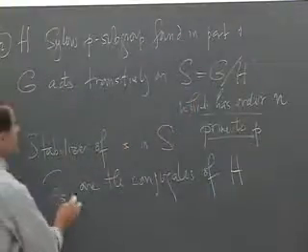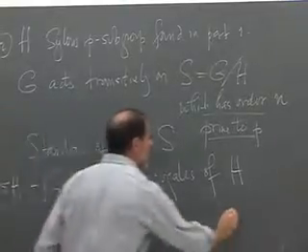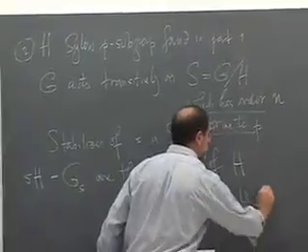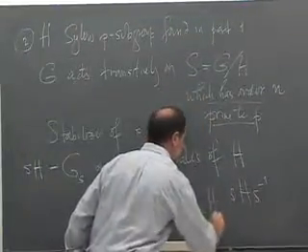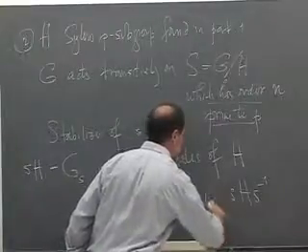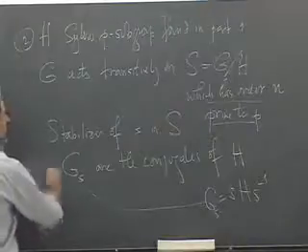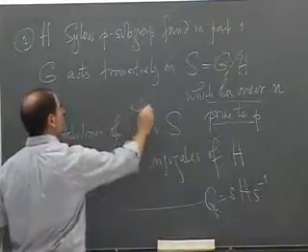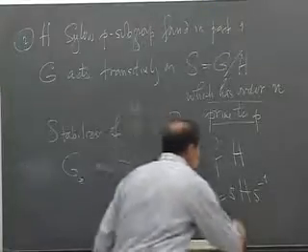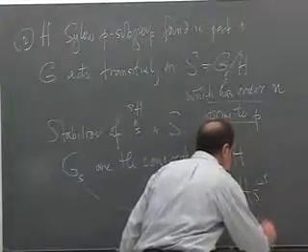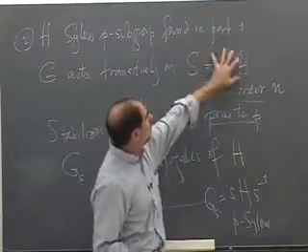So G_S would be, for the coset sH, the conjugate sHs inverse. The stabilizer of that coset would be this conjugate. So that's also a Sylow p-subgroup. And we get all the conjugates of Sylow p-subgroups by taking the stabilizers of points in this action.